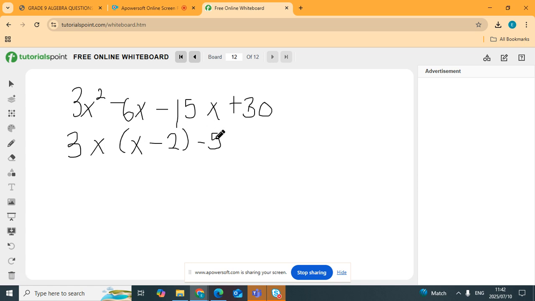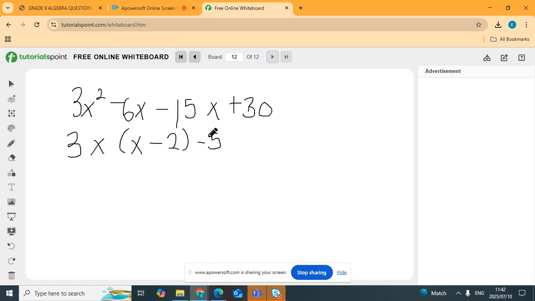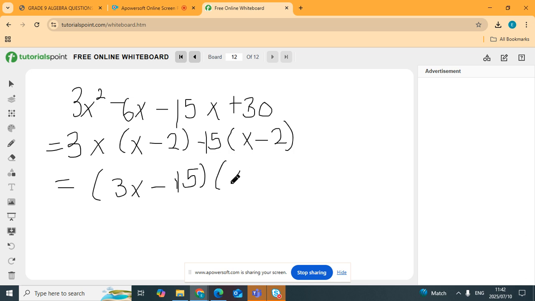You factor out the minus 15, and then you have got bracket, x minus 2. So now when you factorize this, you're going to end up with 3x minus 15, close bracket, and then bracket x minus 2. That's the answer.